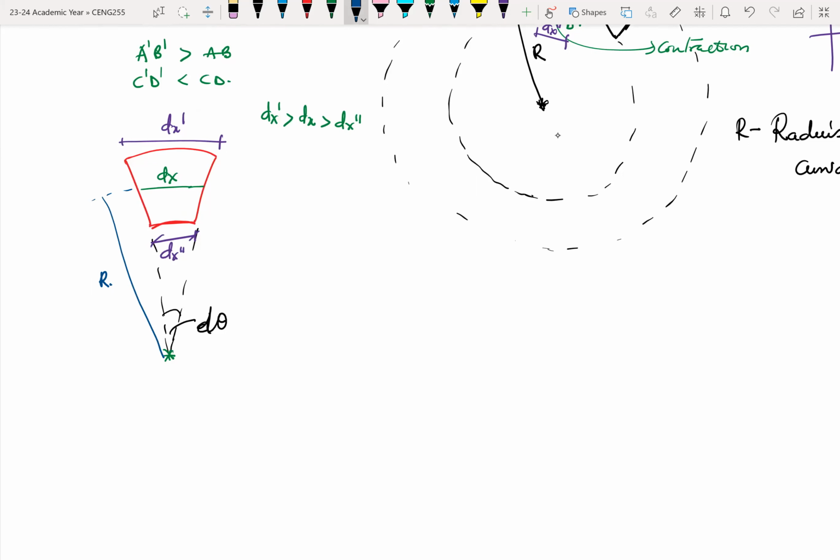Okay. So using the Pythagoras theorem or the right angle triangle theorem, I can just rewrite this in a much more simple way. So this is your d theta, this is your dx, and this is your r.